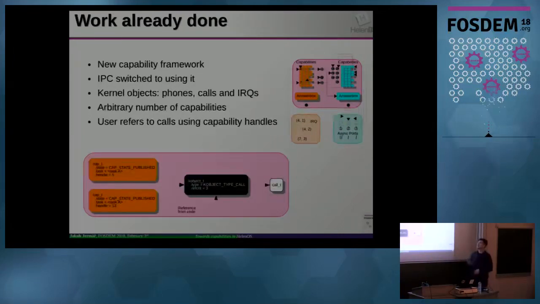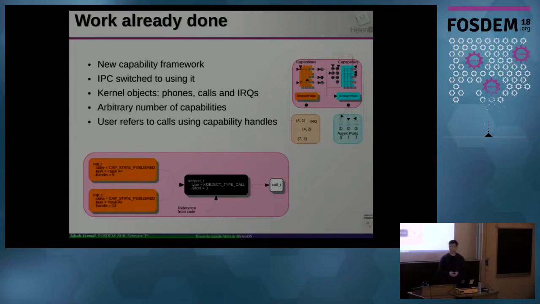Now, what we have now: the situation has changed slightly because we implemented a new capability framework and started with making IPC work with it. So IPC is now implemented on top of this framework.